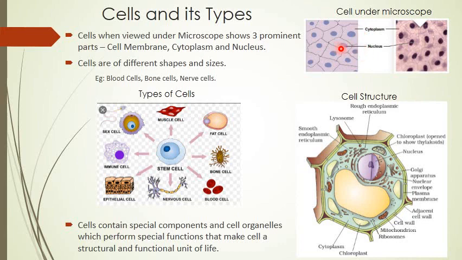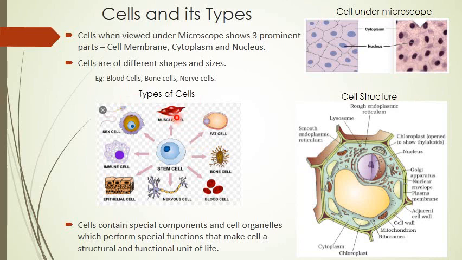The cells need not take the same shape or size as I have shown here. They can take different shapes and sizes, as I have shown here in the types of cells. There are trillions of cells present in our body and in other organisms. One such type mentioned here is muscle cells.